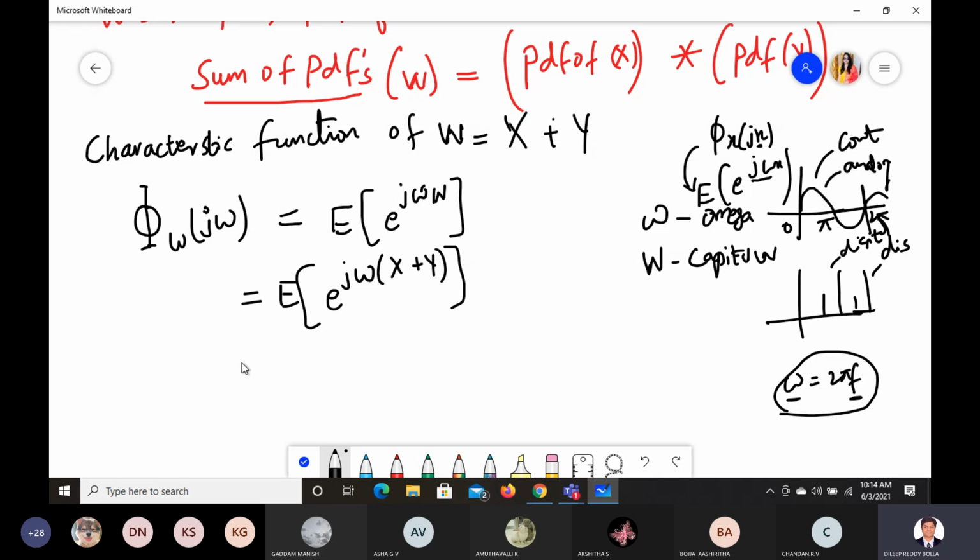Is that okay? Any doubt here? If you split up the sum in the exponent, it will be e power j omega X, and then into e power j omega Y. We get it like this.